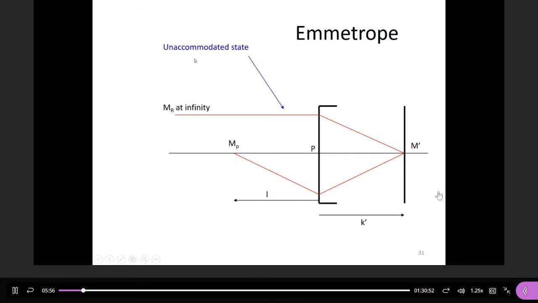The upper part represents no accommodation, and the lower part is when you are fully accommodated, and this is the position of the object where you have the maximum accommodation. If you take the reciprocal, you get the object vergence, the big L.